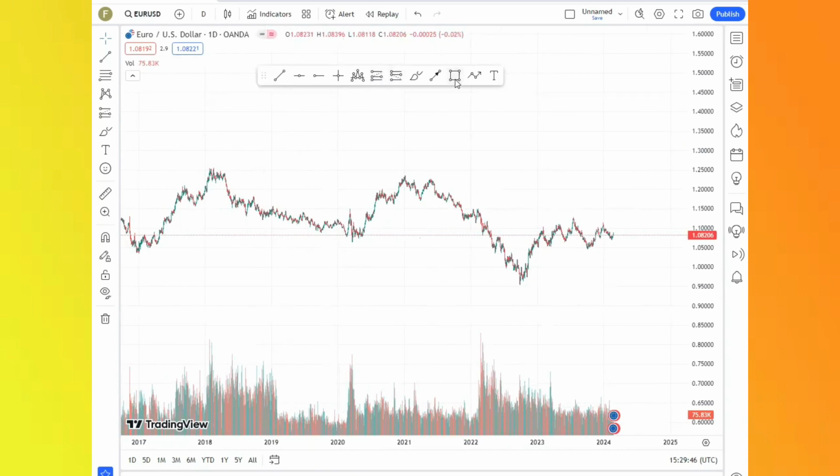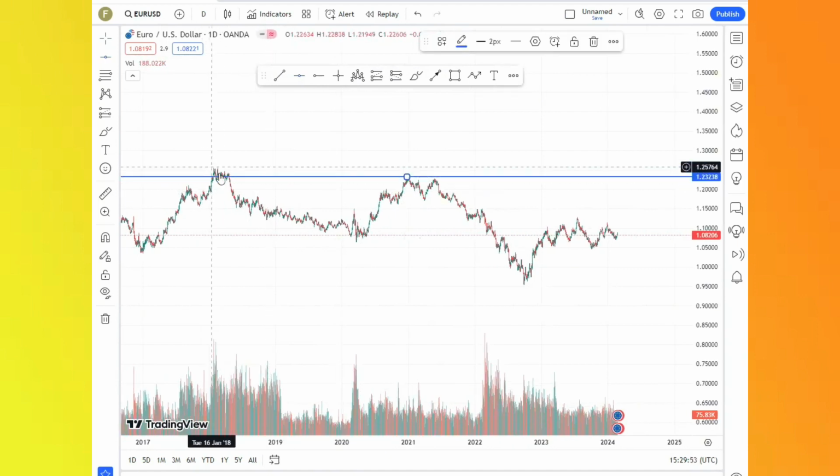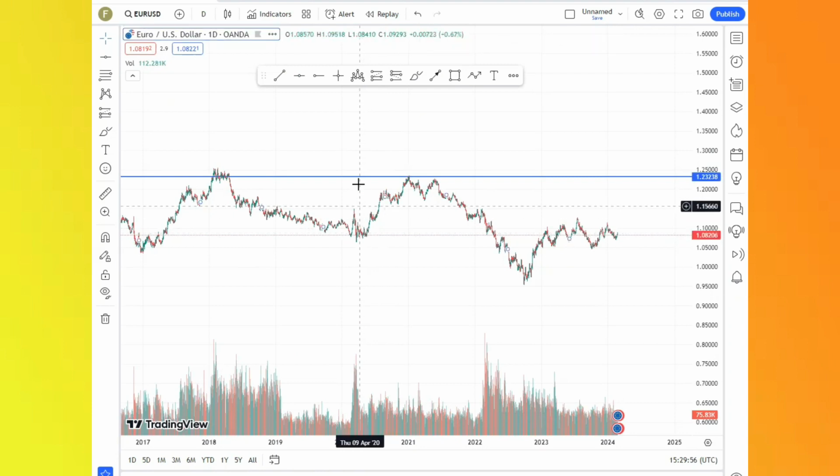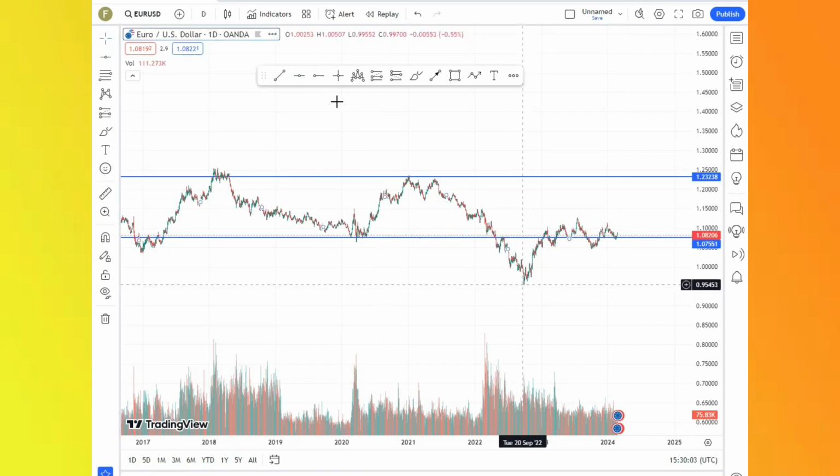Okay, so first things first, I'll highlight my level, which is the first level here, in alignment with this level here, our lowest level here, and our other level which we have here.